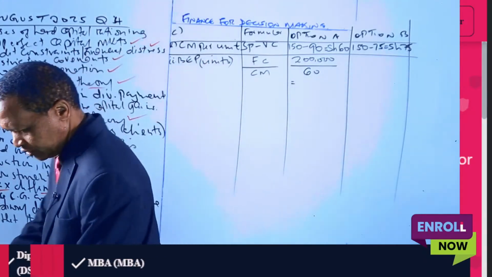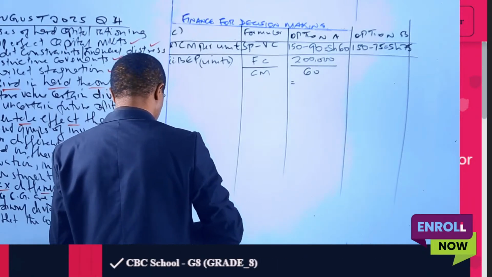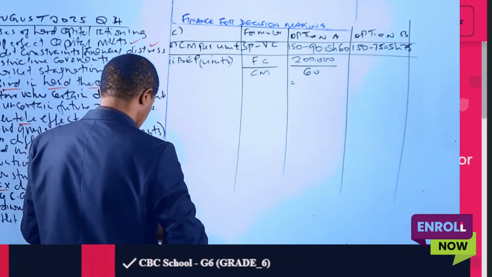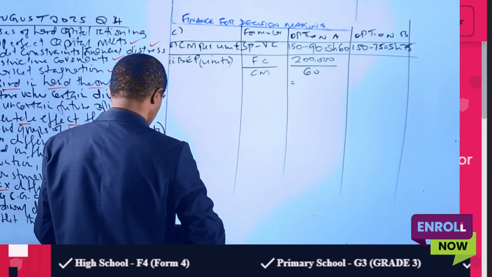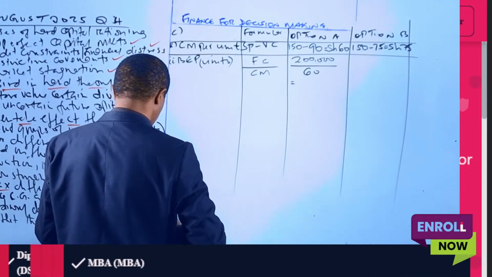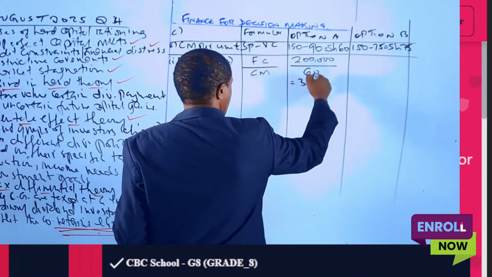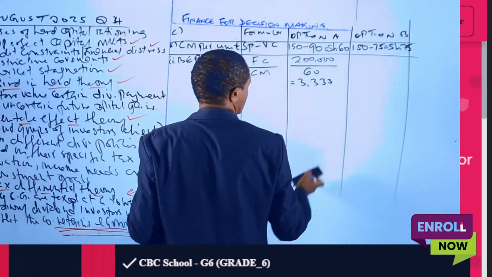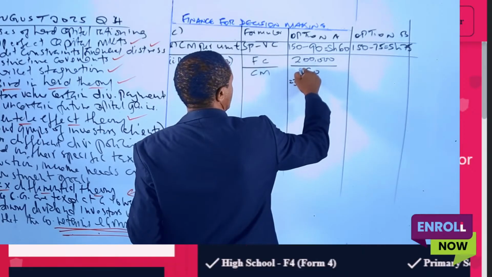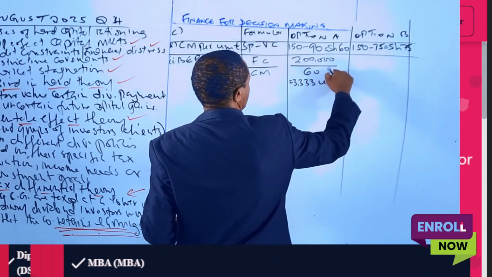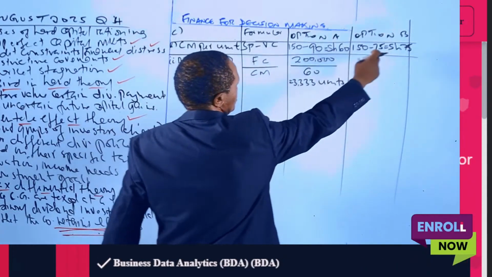So I'll get my machine. 200,000 divided by 60 is equal to 3,333 units.